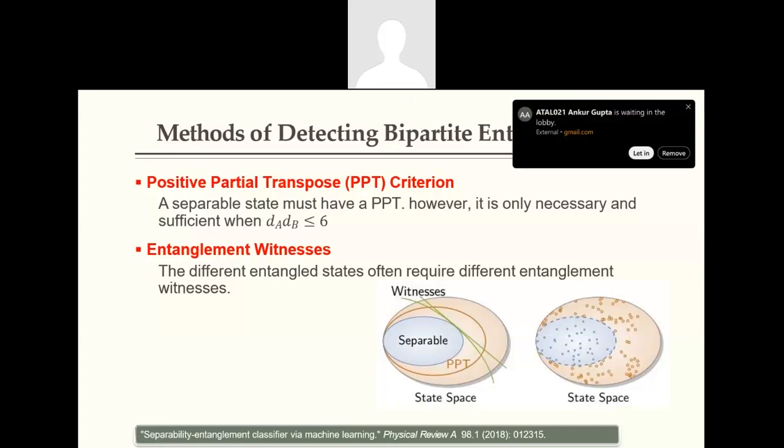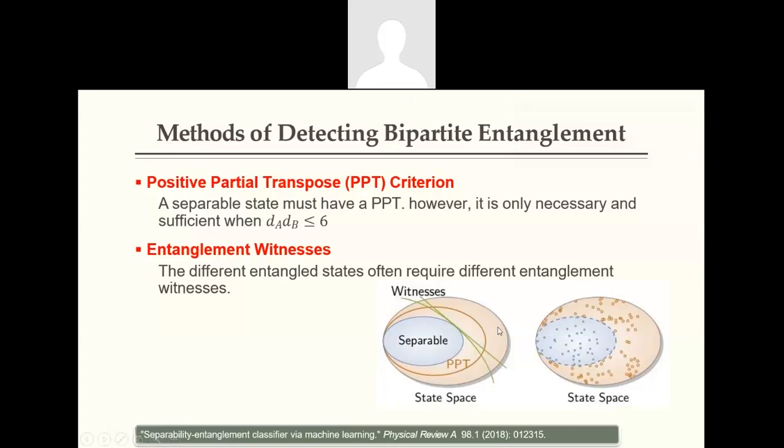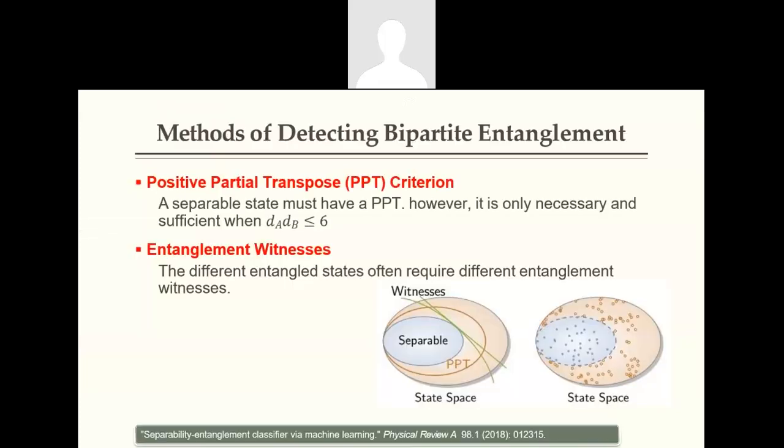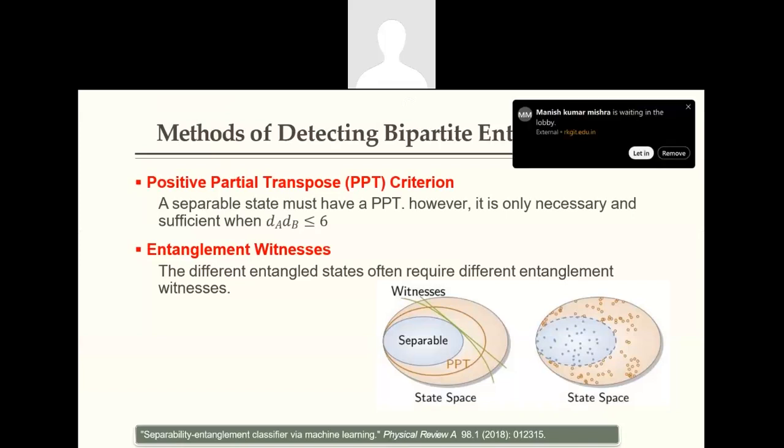For this we use the condition: trace of W times sigma is greater than or equal to 0 for all separable states sigma, and trace of W times rho is less than 0 for the target entangled state.